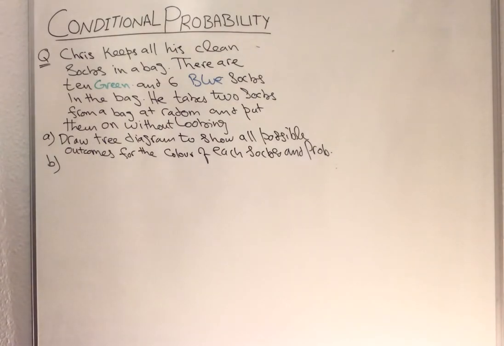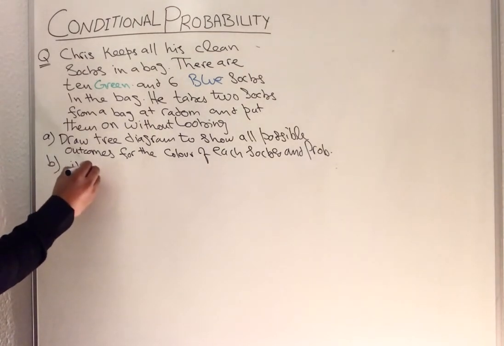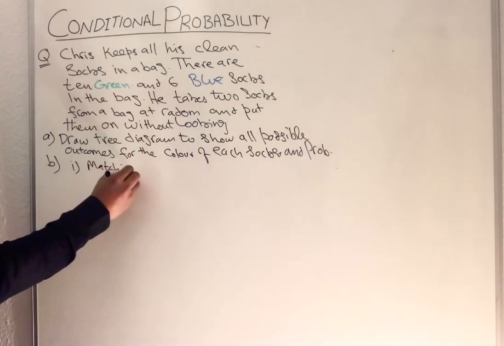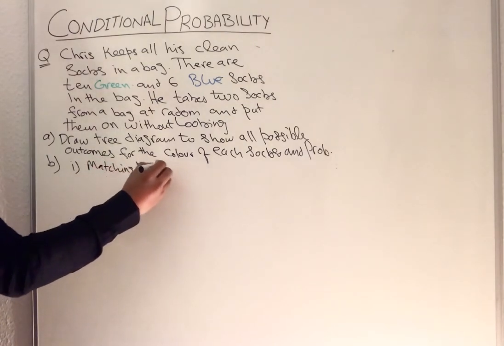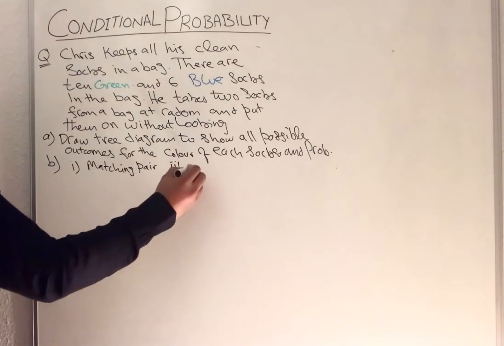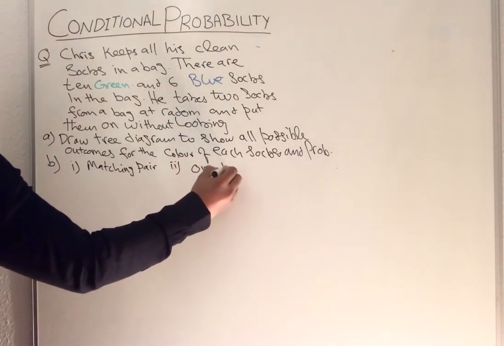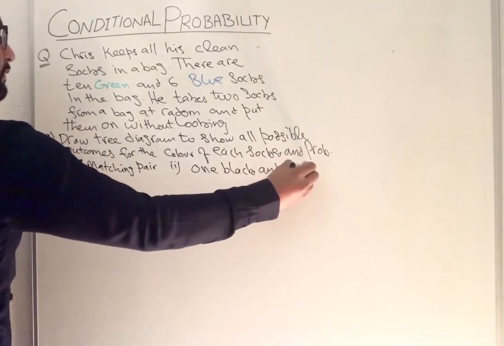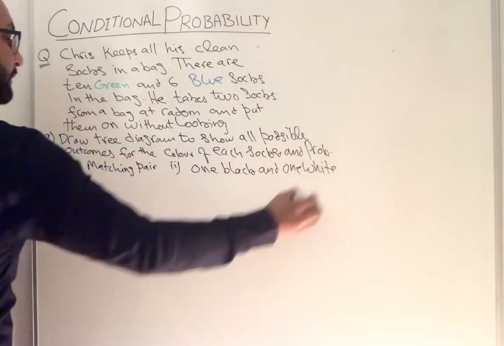They said to use a tree diagram and find the probability of wearing a matching pair. The first thing, a matching pair. And the second one, one black and one white.